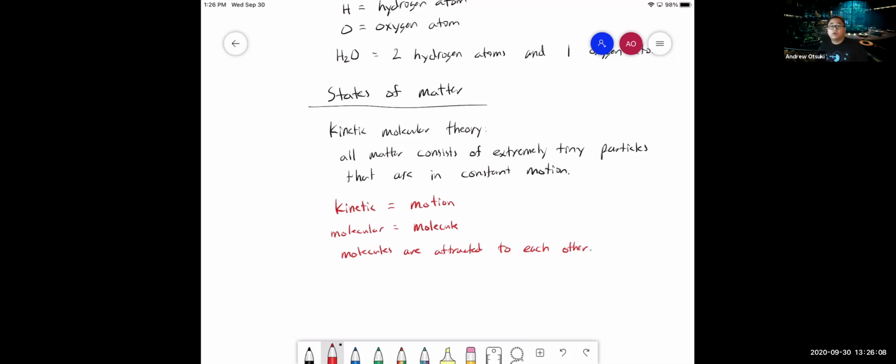Right? So molecules are attracted to each other, and those attractions are what give rise to our states of matter.